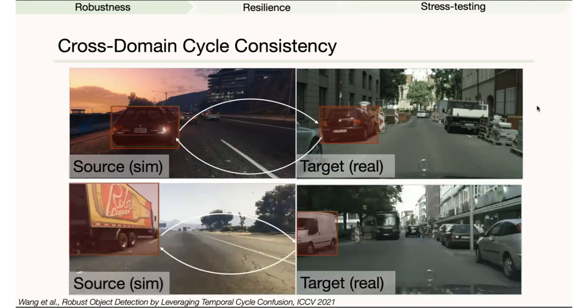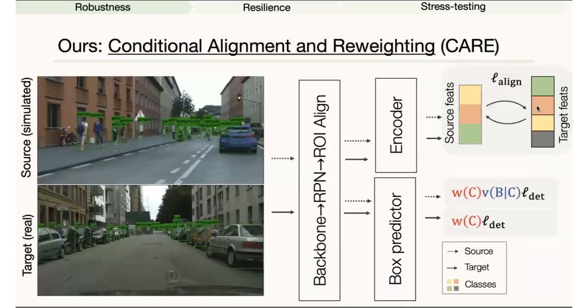And similarly here, this truck is considered more similar to this based on the cycle consistency objective. And it's kind of self-supervised. You don't really need any additional information for that. Right, so this is the entirety of the approach, which is conditional alignment and reweighting.